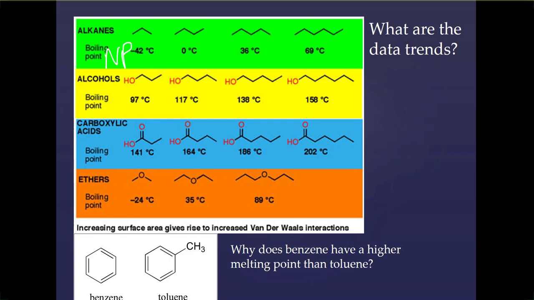In this first example, we just have 3 carbons with a boiling point of minus 42, and we add a carbon as we go across this little graph, and we end up with 69 degrees for 6 carbons. So we can see as we add a carbon, we're adding more electrons, we're making the molecule more long and skinny, and so to rip 2 of those molecules apart, they're going to be held really tight with dispersion forces by the time we get over there with the 6 carbons.